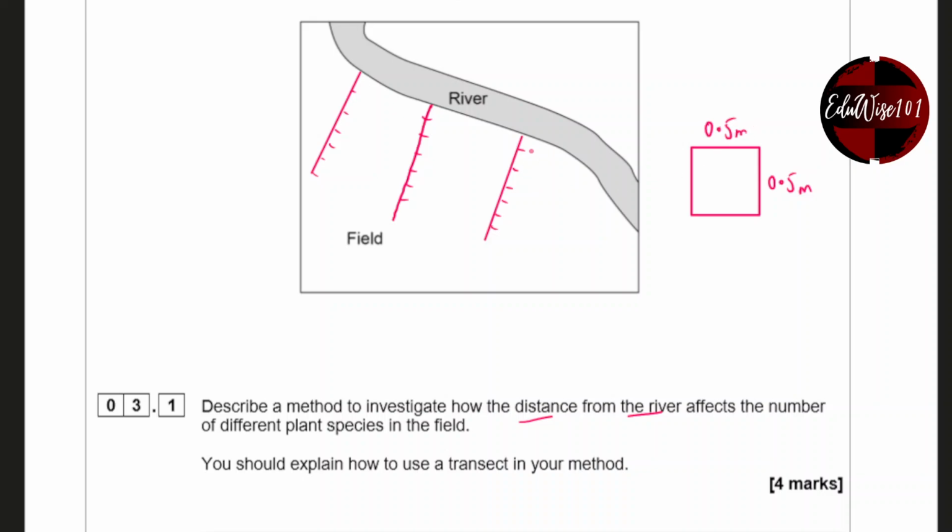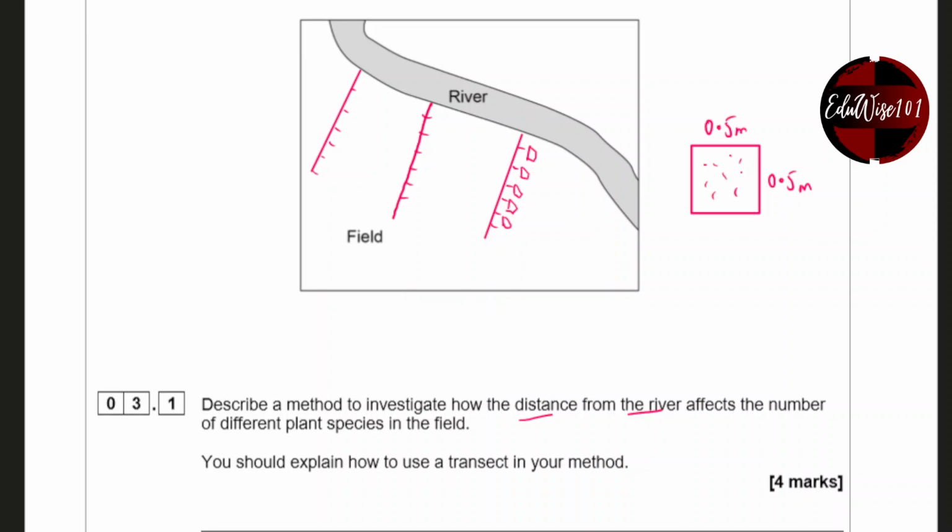And what you would do is place each of these quadrats at these points along the line. And inside you would count the number of different plant species that is inside there. That is how you would use a quadrat. So if I draw it in different colors, you can actually count the different types of plants.